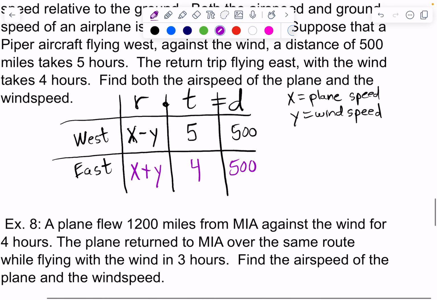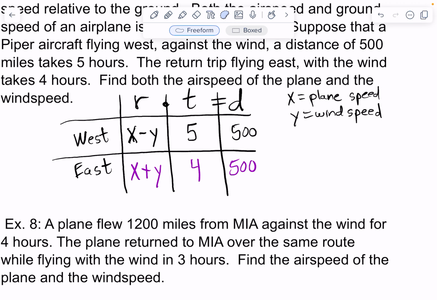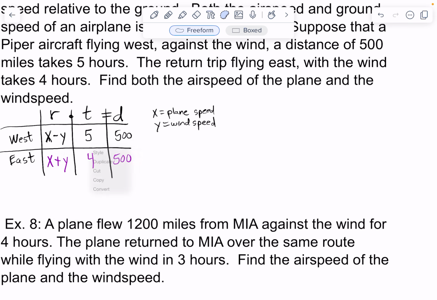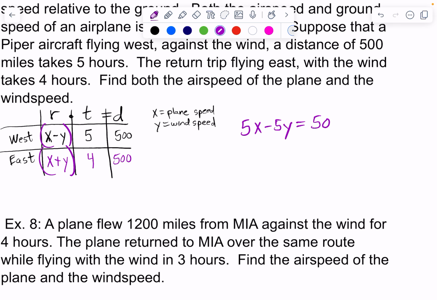With this setup, now you can create a very simple and useful system to solve. So, remember that when you're multiplying, you're going to distribute when you have a sum. So you have rate times time, so that's 5x minus 5y equals a total distance of 500.